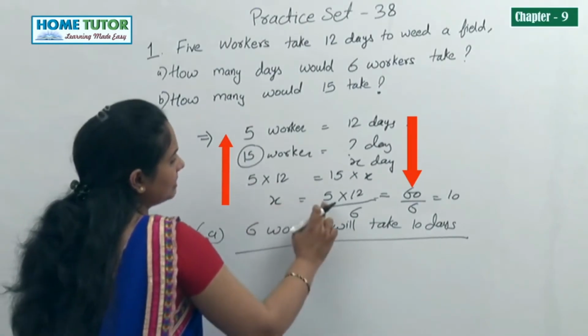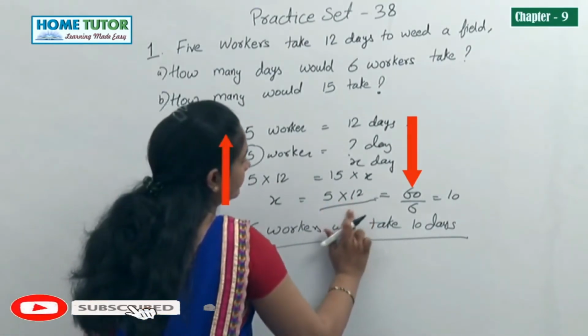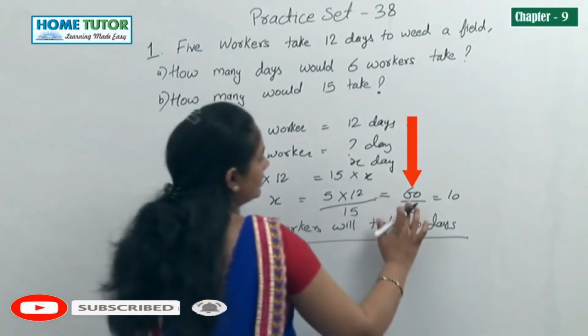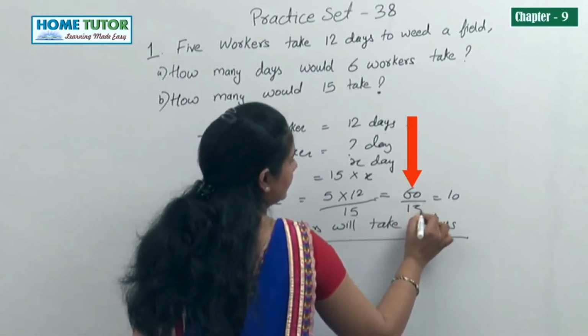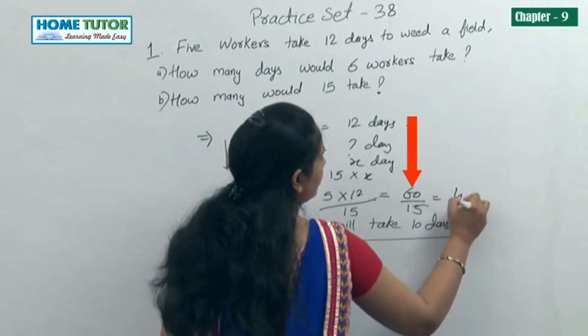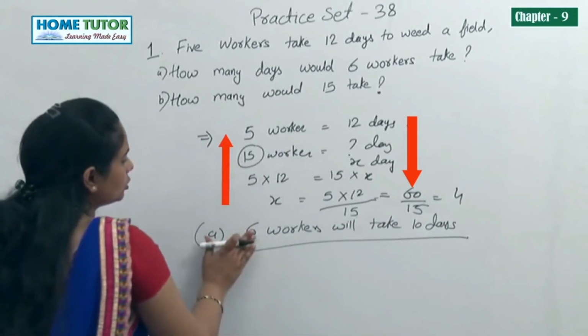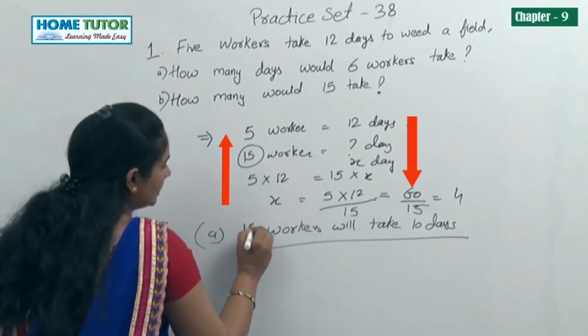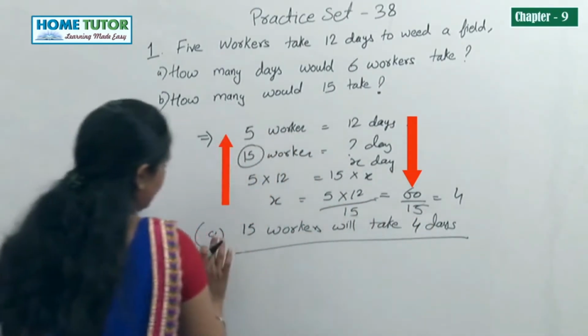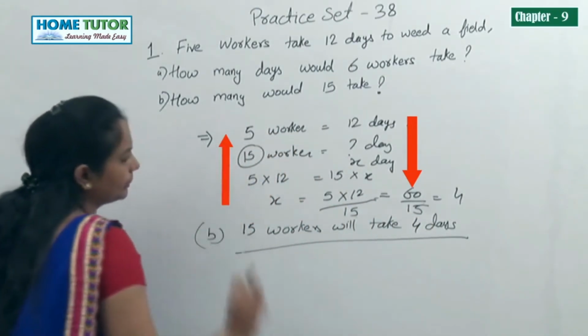So the value of x will be 5 multiplied by 12 divided by 15. 15 4s are 60. So 15 workers will take how many days? 4 days. And this is your answer number B.